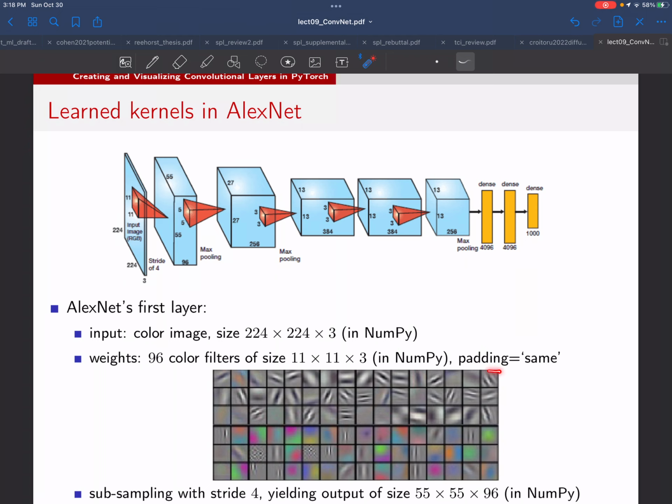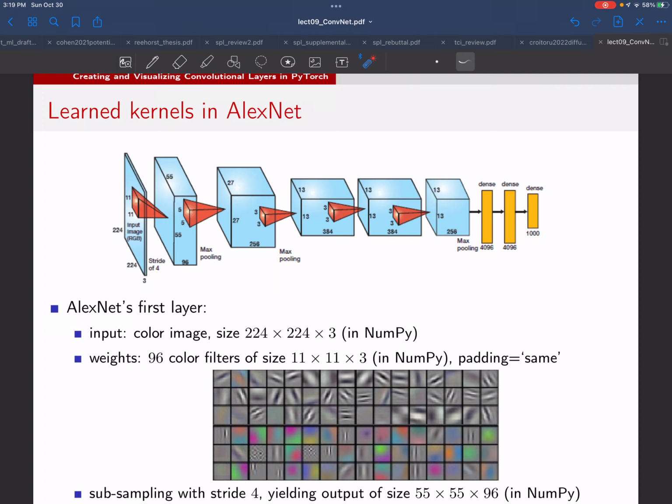A lot of them look mainly black and white, which is interesting. In other words, there's equal amounts of red, green, and blue in the 3 different kernels that we plotted together as a color image. However, there are cases here where you see that it is colored, green and purple and so on, blue and purple.